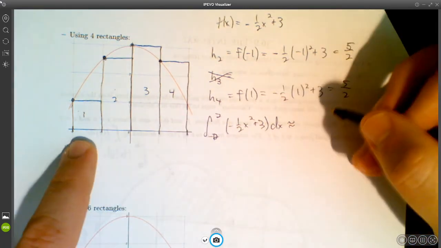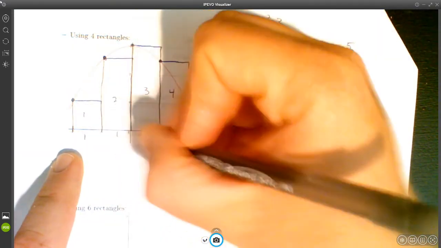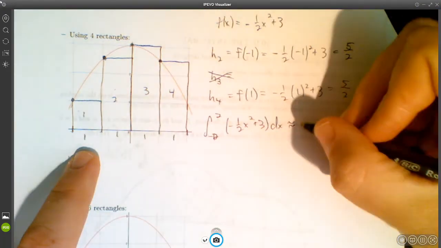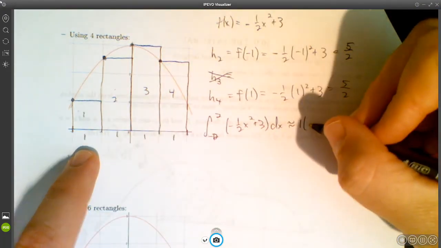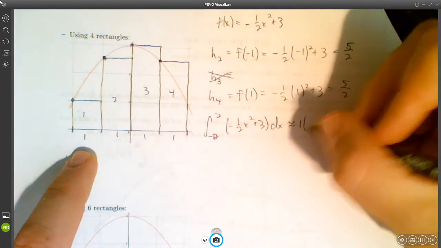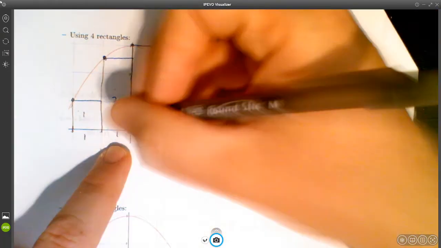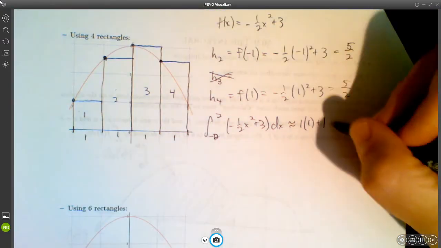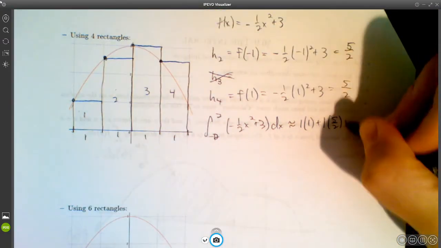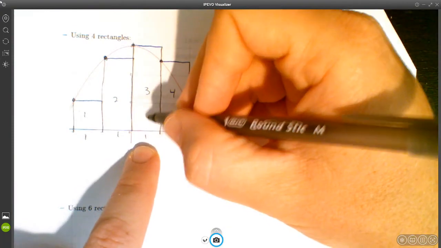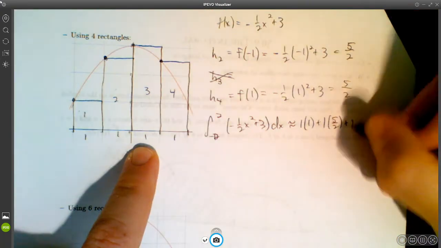So it's approximately, and by the way, these are all width 1 now. So it's going to be width times height. The height here is 1, plus width times height. The height here we just found out was 5/2, plus, for rectangle 3, width times height.